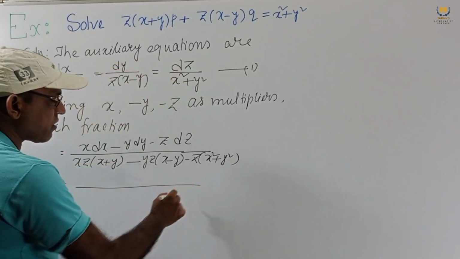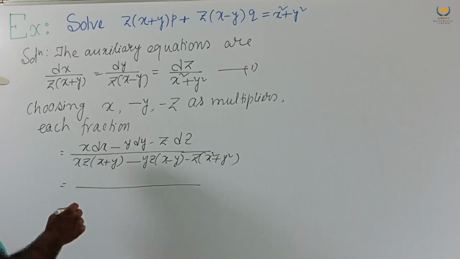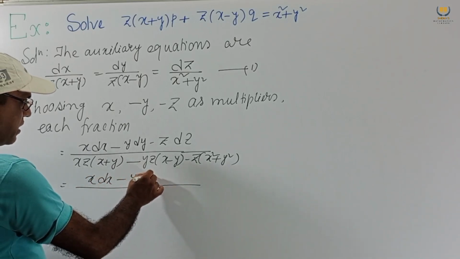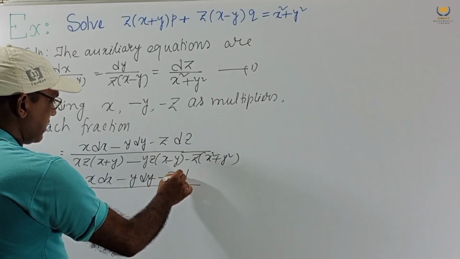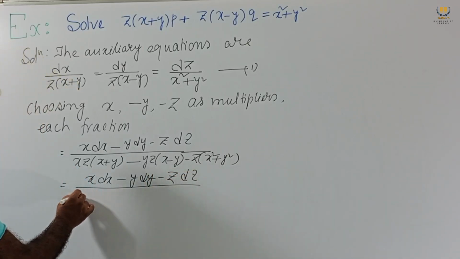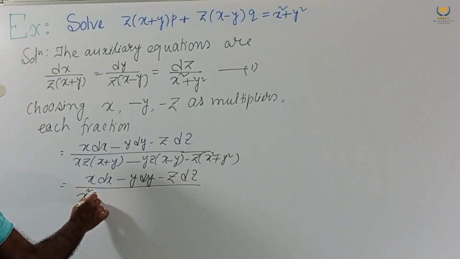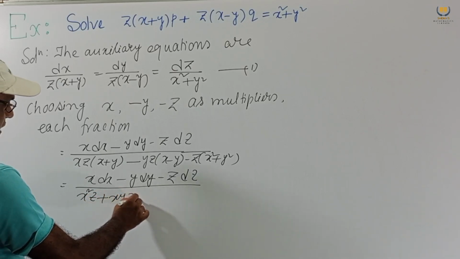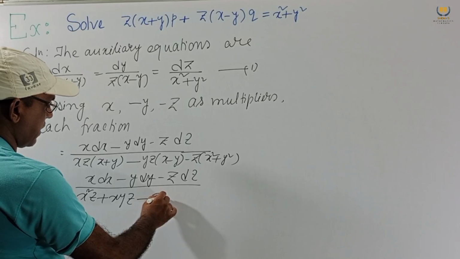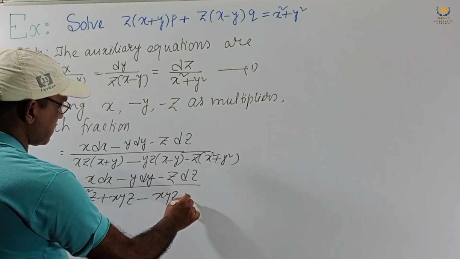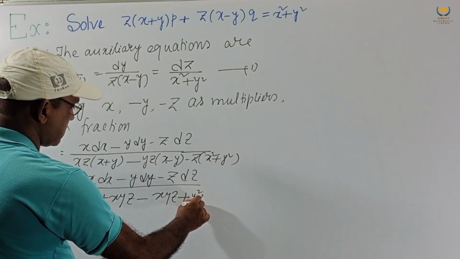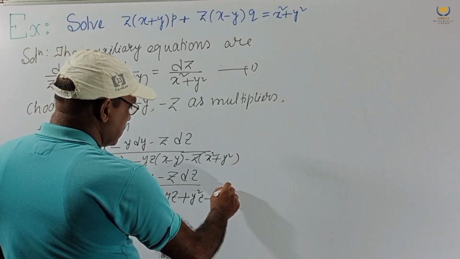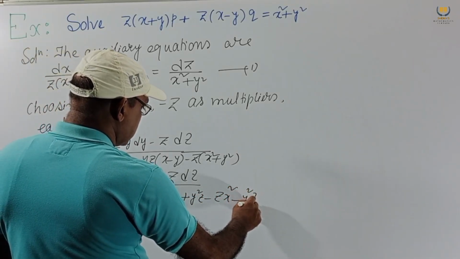So our main target is to find the denominator as 0. x dx minus y dy minus z dz, and this is x square z, xyz, xyz plus y square z, y square z minus z x square minus y square z.